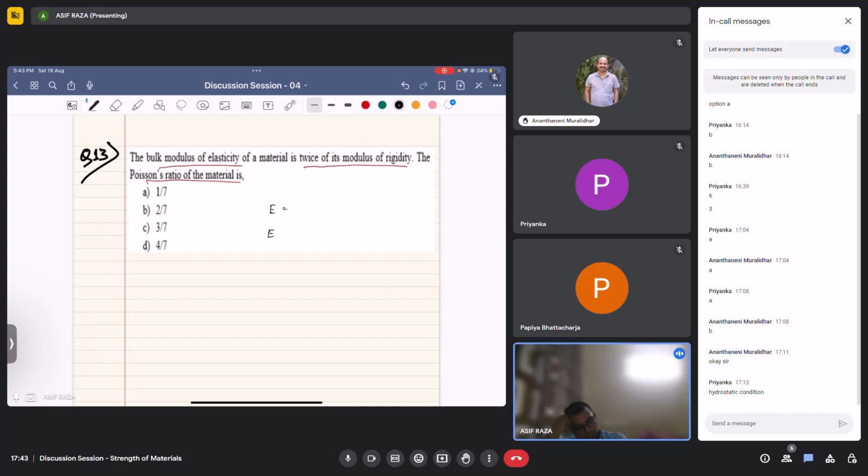The bulk modulus in terms of Young's modulus and Poisson's ratio, that was K is equal to E upon 3(1 minus 2 mu), and we know the expression for G is E upon 2(1 plus mu).